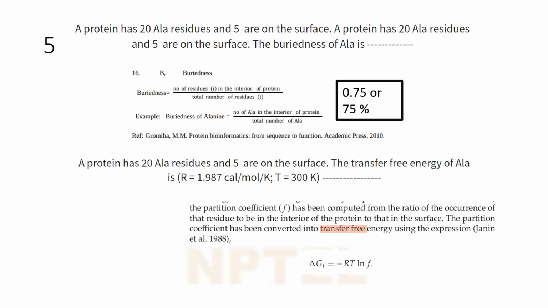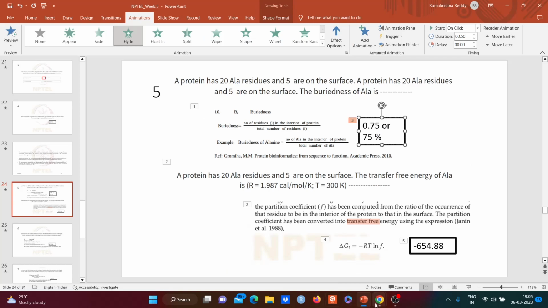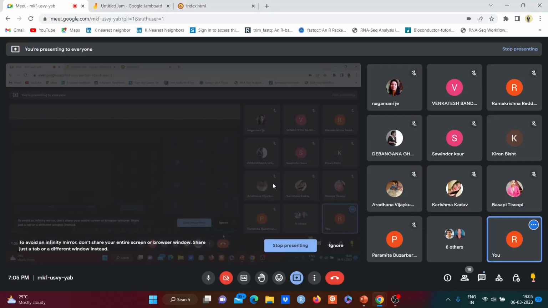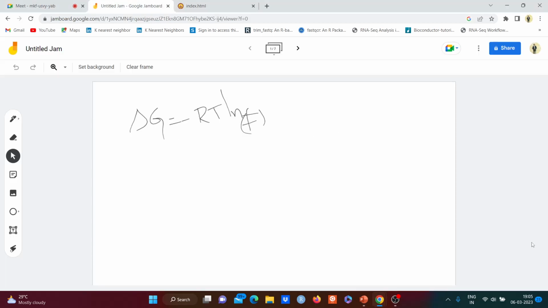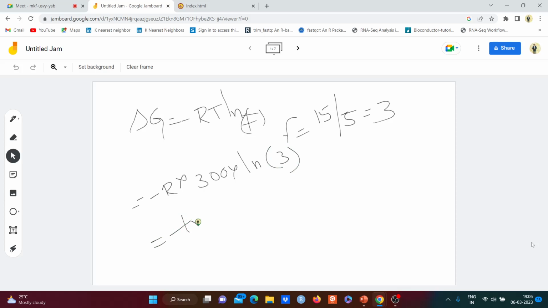Before moving on to the solution, this is the given formula, and the partition coefficient F can be calculated as 15 divided by 5, that is 3. So substituting the values, R times 300 times ln of 3 gives you the transfer free energy.